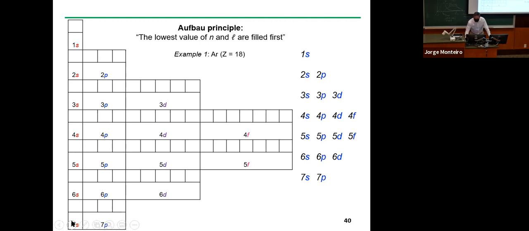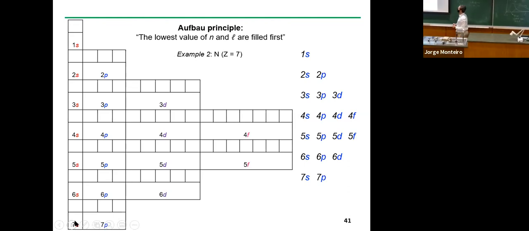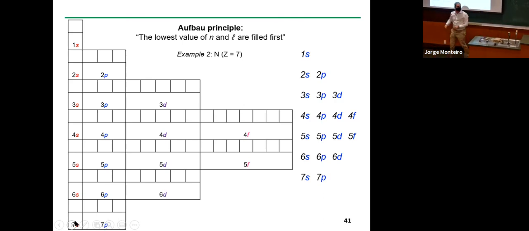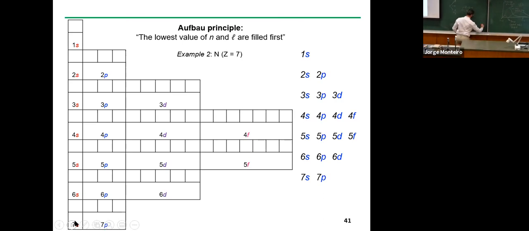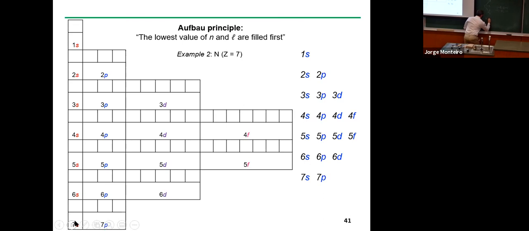I believe you remember how to do the electron configuration, so I think we don't need to do the diagram. I want to talk about one thing related to nitrogen. Nitrogen, Z equals 7, belongs to group 15, so we have 5 valence electrons.